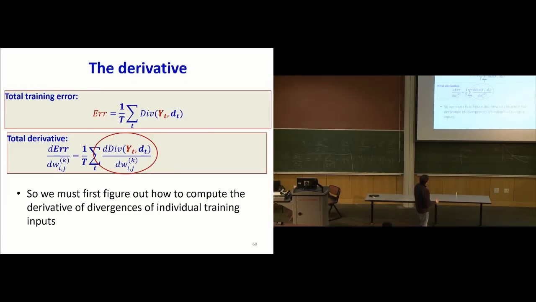So what we are really interested in is this guy. For any given input x, what is the derivative of the divergence between the output of the network for that input and the target output of that network with respect to the parameter? So this is what we have to figure out how to compute, right?